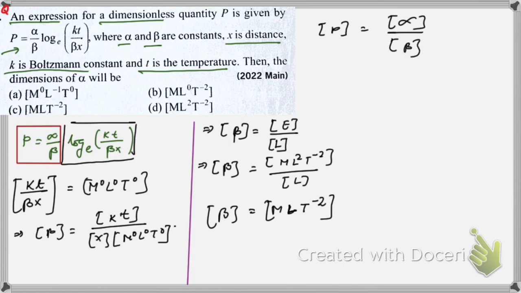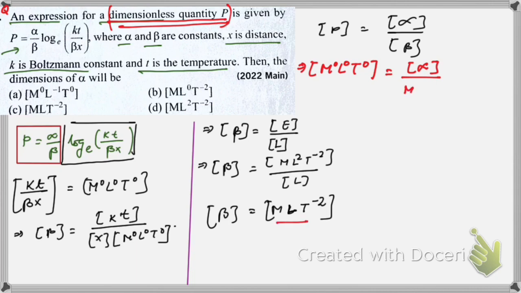One more important thing is given, that p is a dimensionless quantity, so its dimension must be M to the power 0, L to the power 0, T to the power 0. The dimension of alpha we need to find, and the dimension of beta we have already got, M L T to the power minus 2.